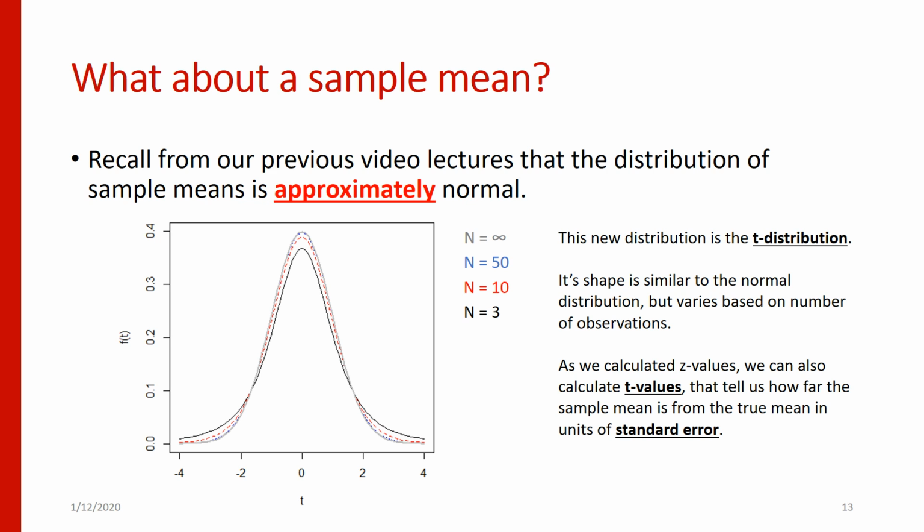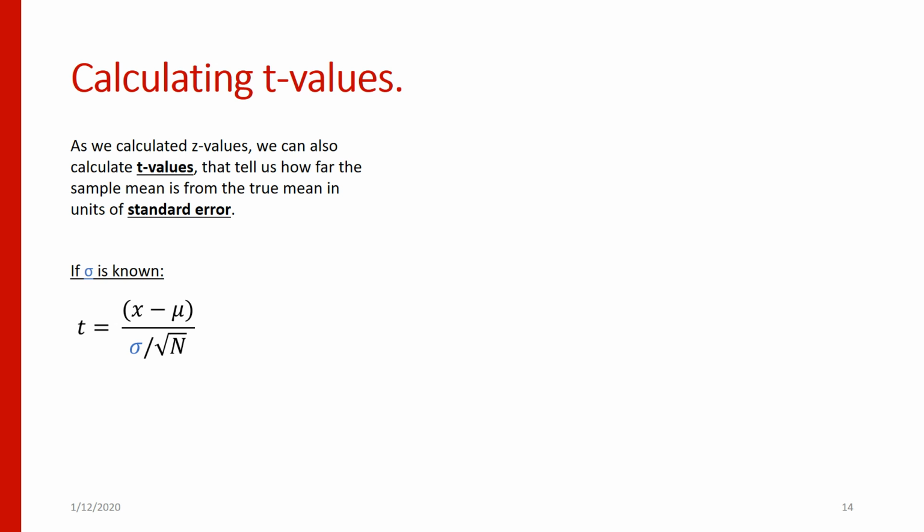So we're not talking about the standard deviation of a variable, but we're talking about the standard error of the distribution of sample means. So to show you the formula, right, we have a t-distribution where t is equal to x bar minus mu, right? So it's the observed mean minus the population mean, divided by the population standard deviation over the square root of the sample size.